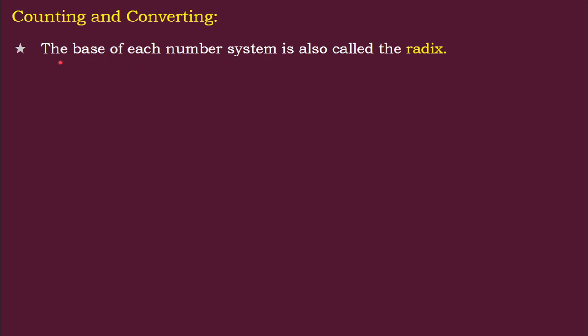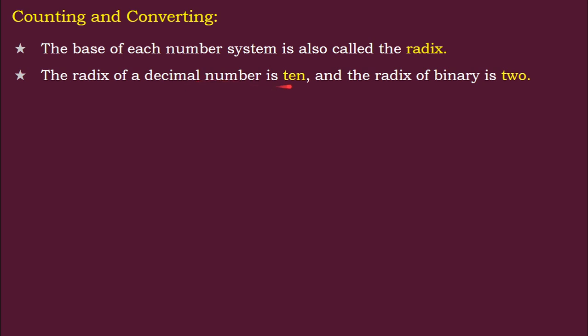So let us see a few terms in this number system. The base of each number system is called the radix. The radix of the decimal number system is 10 and the radix of binary is 2, because decimal has 10 numbers, 0 to 9, so the radix is 10, and binary has 2 numbers, 0 and 1, so the radix is 2.